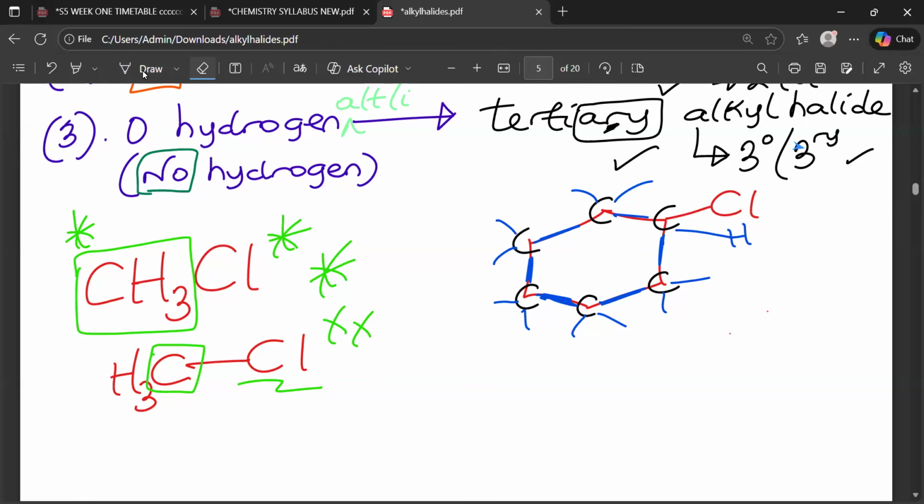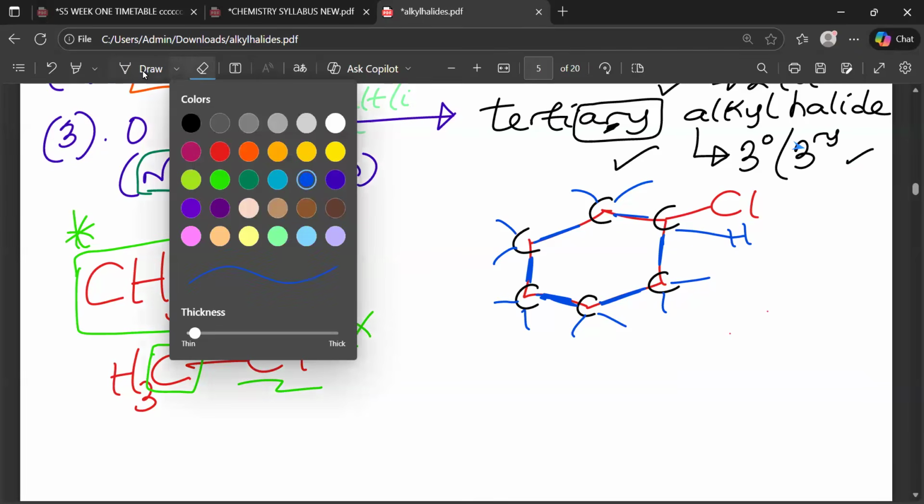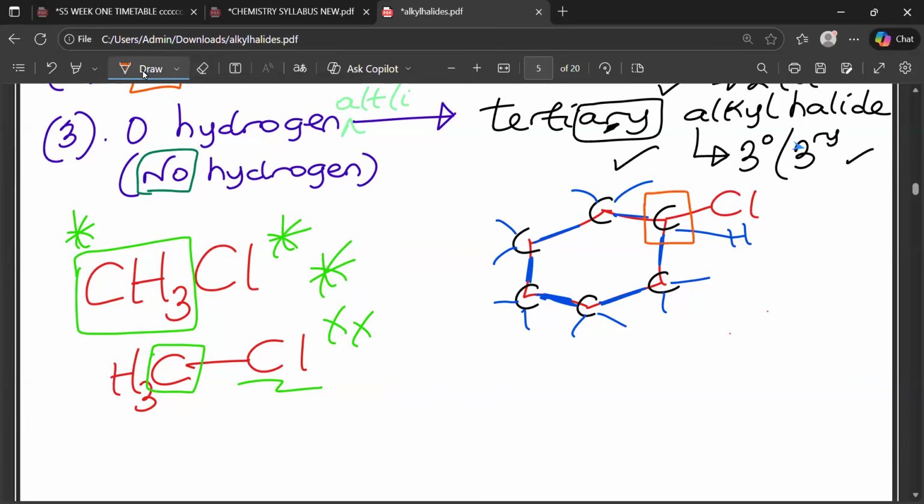So it exists. So when you look at this, what are you really going to do? We don't have any alkyl group here. Where is it? I cannot see the methyl, I cannot see the ethyl, I cannot see the isopropyl, I cannot see the propyl, I cannot see the tert-butyl. They are not there. It is just a ring.